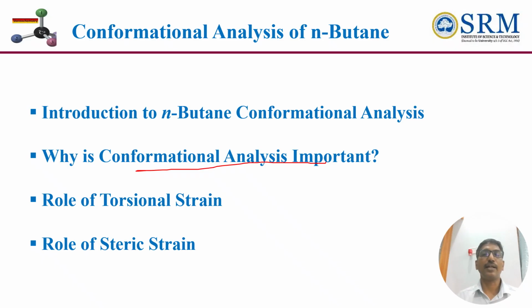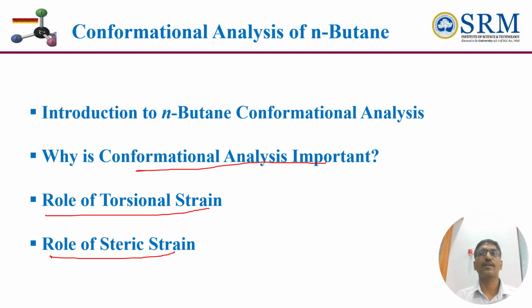And then the next one is the role of steric strain. After the torsional strain, what about steric strain? Steric strain occurs due to repulsion between large groups that come too close to each other. In n-butane, the two methyl groups may come close during rotation.